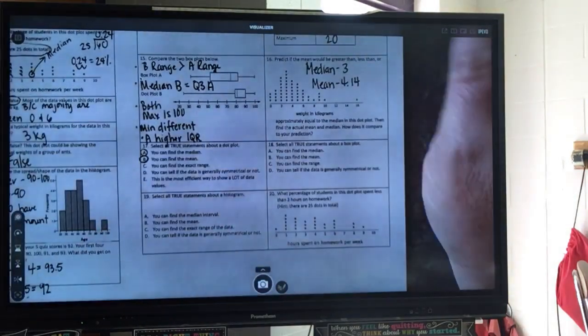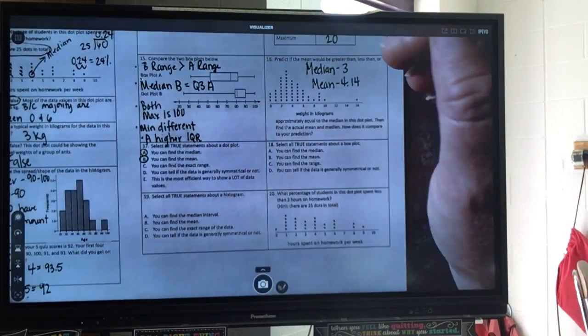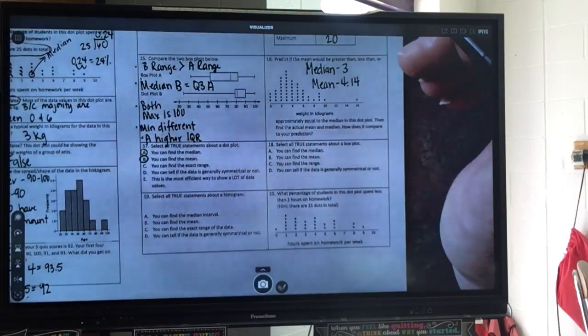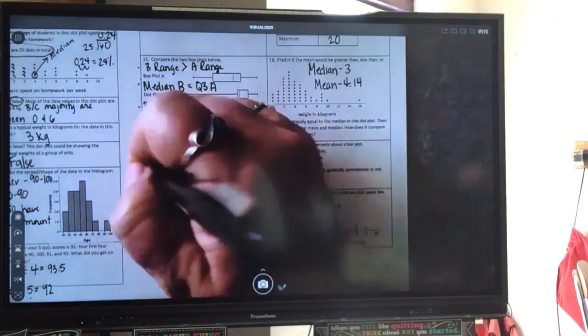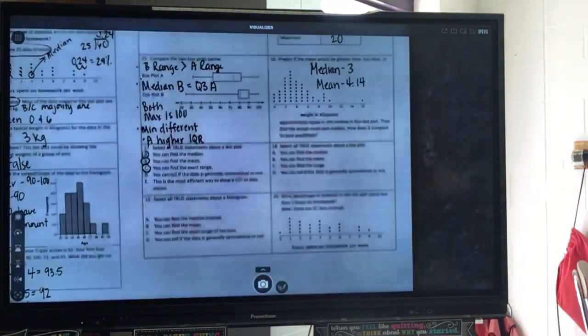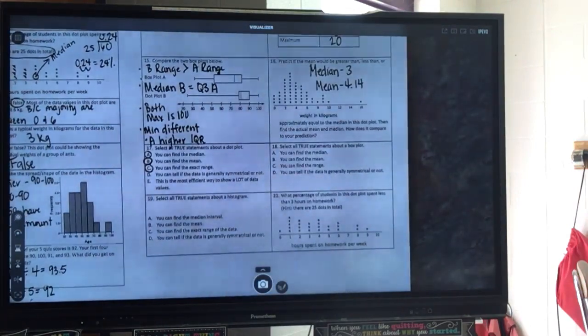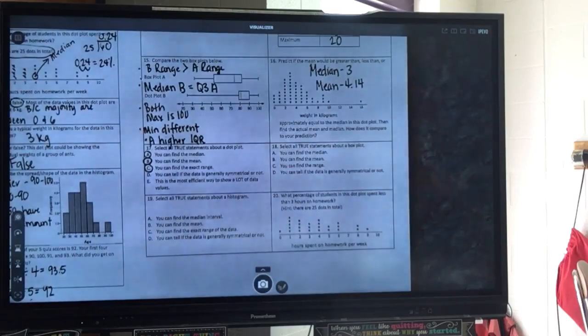Stand up if you think you can find the exact range. Do you have a minimum and a maximum in your dot plot? Yes, you do. Alright, have a seat. Stand up if you can tell that the data is generally symmetrical or not, which means it looks the same on both sides.